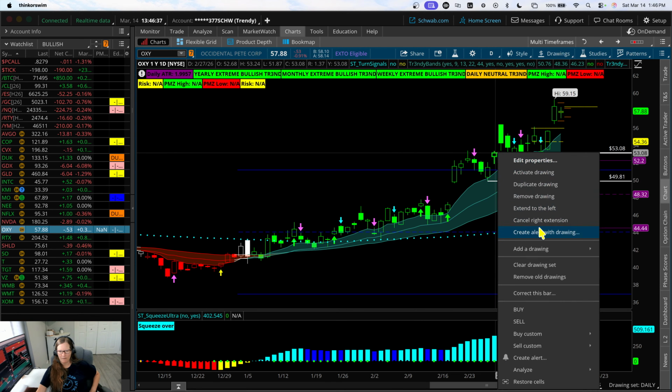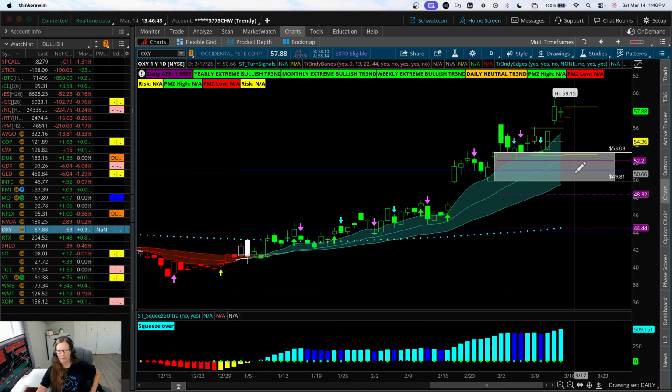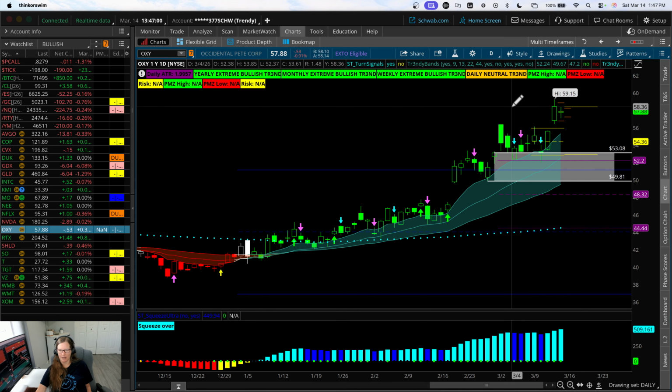Okay? 53.08 to 49.81. That lines up with a lot of things. It lines up with my lower weekly edge, a monthly edge, a yearly edge, and of course this inside and up candlestick structure. That's why I'm choosing 53 to 49.81 to potentially buy a dip in Occidental.